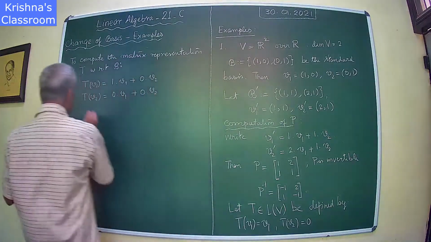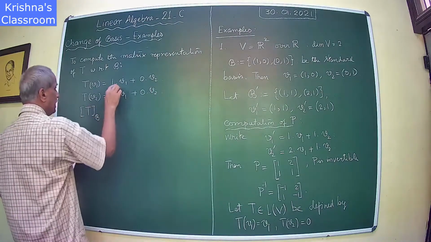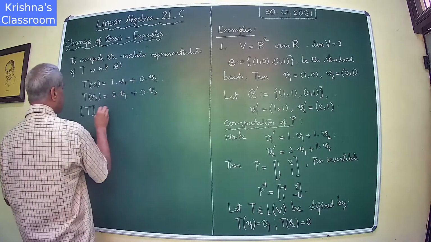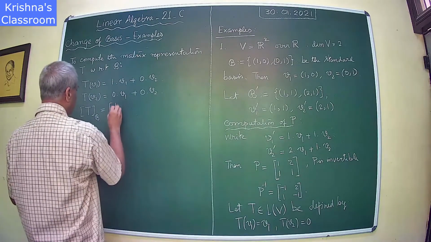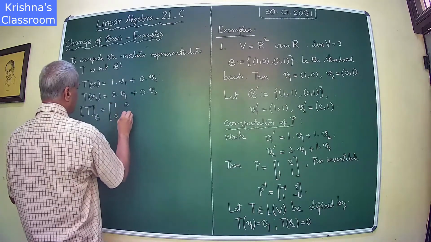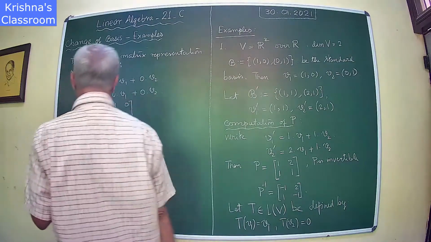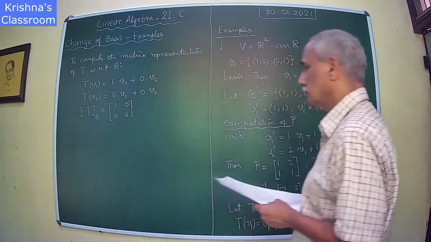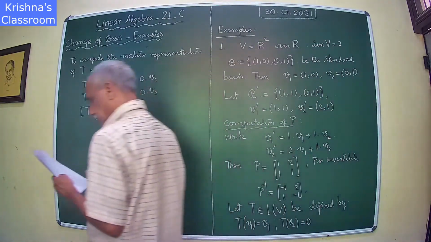Therefore, the matrix representation of T with respect to B, these coefficients appear as the first column. So you get 1, 0. Then these coefficients appear as the second column, 0, 0. So that is the matrix representation of T with respect to B.